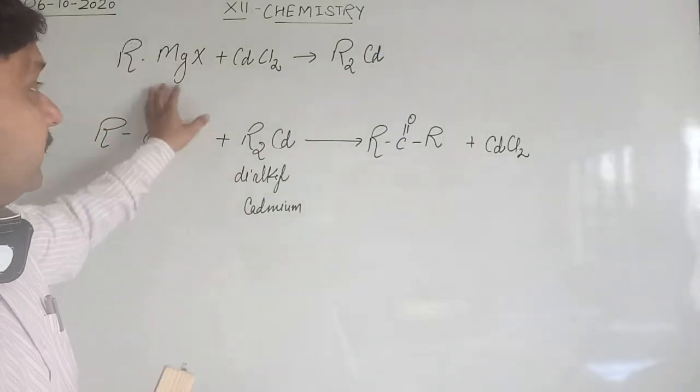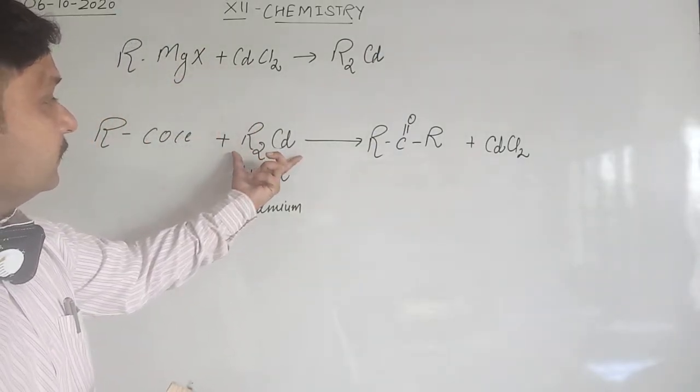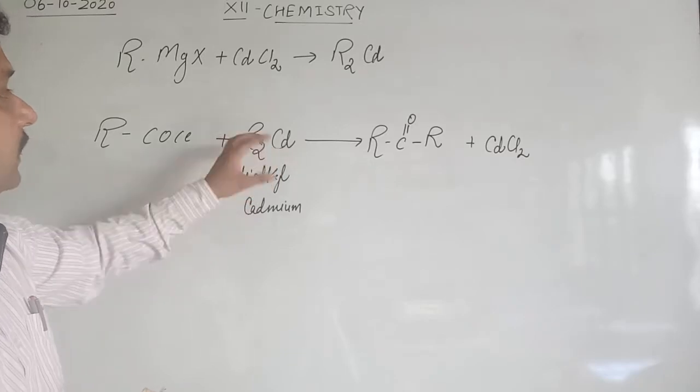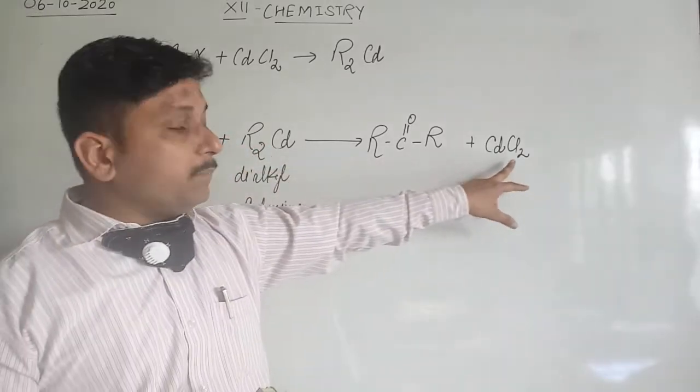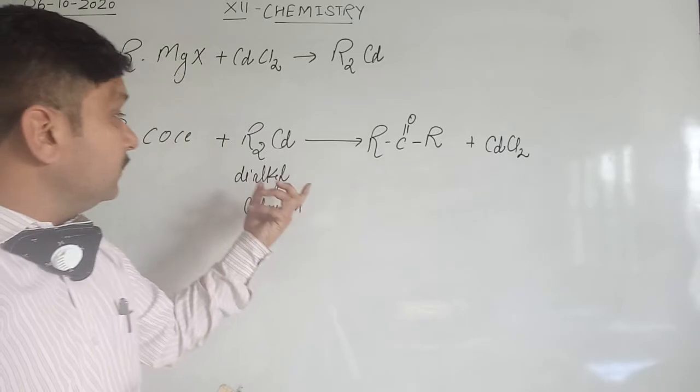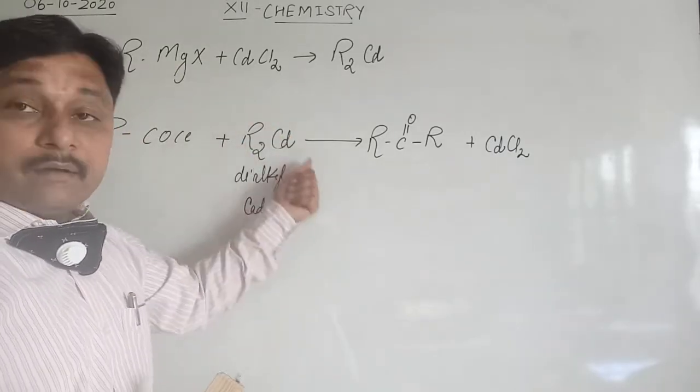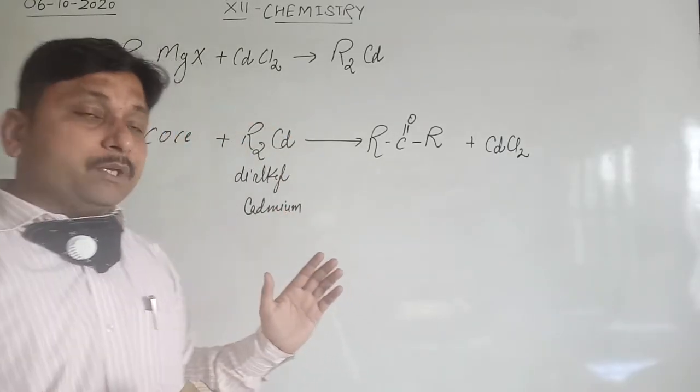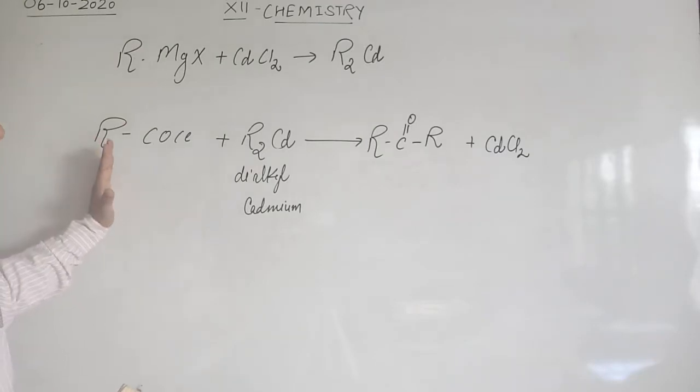So this is the preparation method of dialkyl cadmium. Clear? This byproduct can be used for formation of this reactant. So this is the preparation of ketones from acid chlorides.